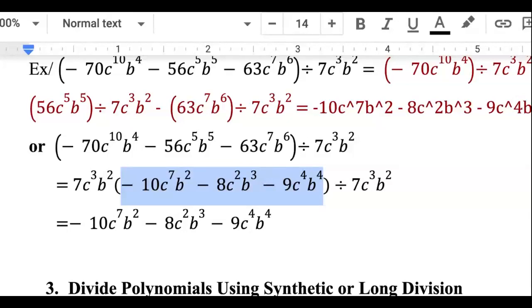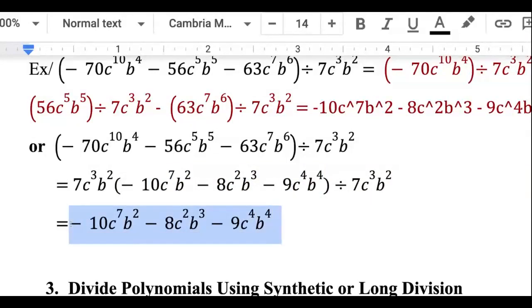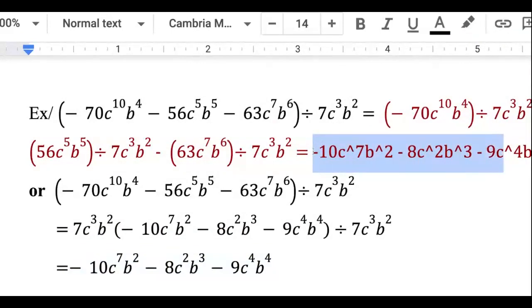Anyone has any questions? If we know how to factor, this factor divided by this factor, those two are the same, and something divided by itself equals 1. So we're left with the inside of the parentheses. And of course, this equals the answer we got from the other way.